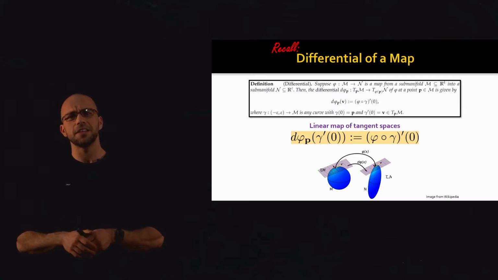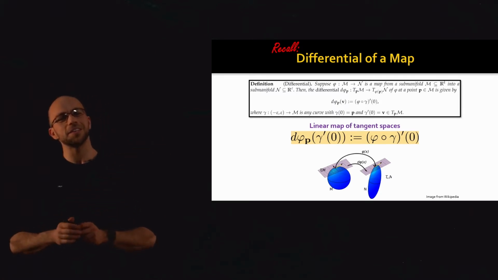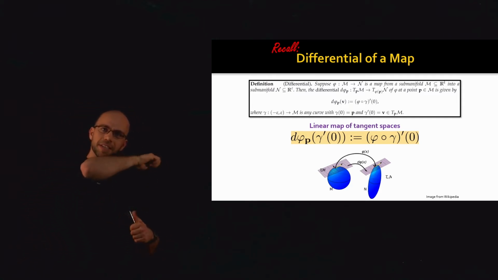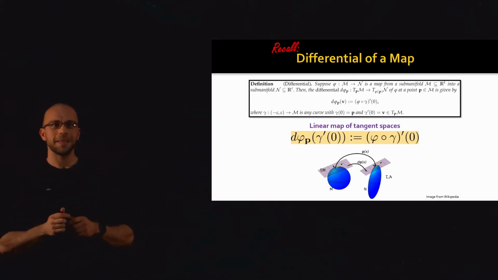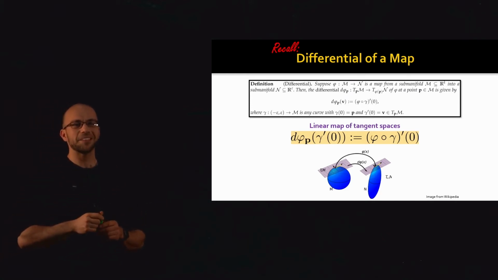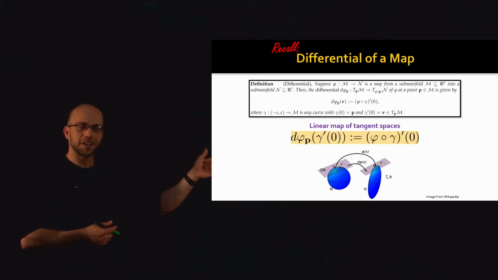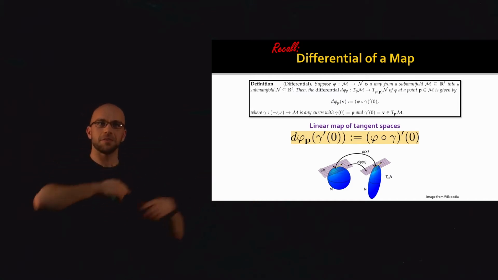Then we can define the differential d phi at a point P as follows, where essentially what we're going to do is take any curve gamma whose tangent is a given vector at that point P, and we're going to say that essentially d phi in the gamma prime direction is nothing more than the rate of change of phi as gamma walks through the curve.